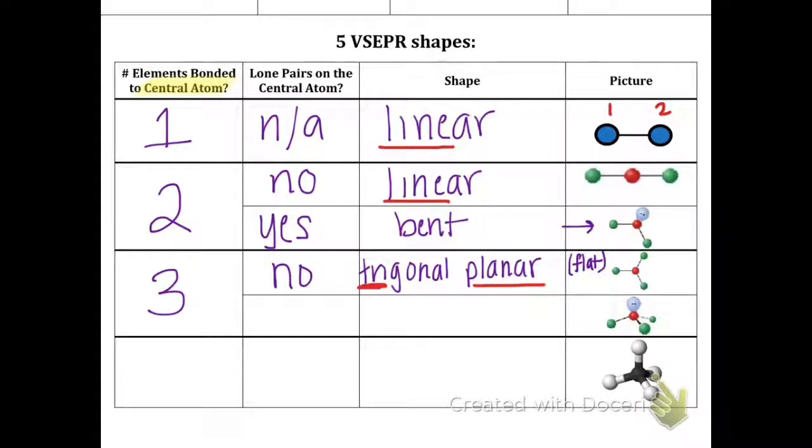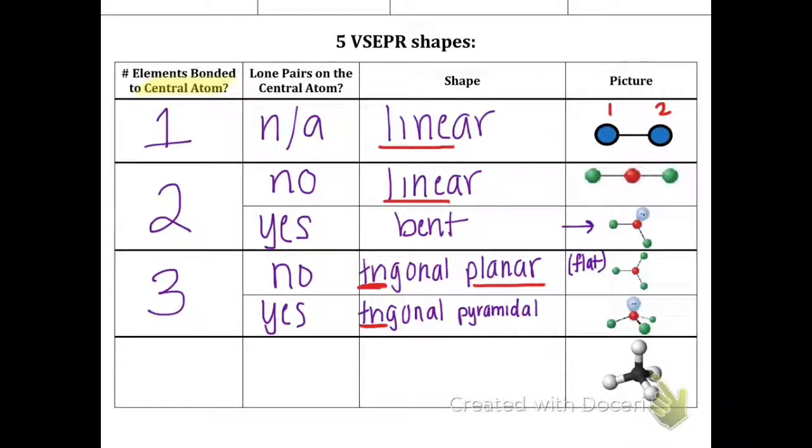Now, if the answer is yes, there are lone pairs, we have a different name for it. It starts out the same. It's trigonal, so once again, tri meaning 3. But what happens is that instead of being flat, the middle central atom gets sort of lifted up and it creates a pyramid shape. But we call it pyramidal.